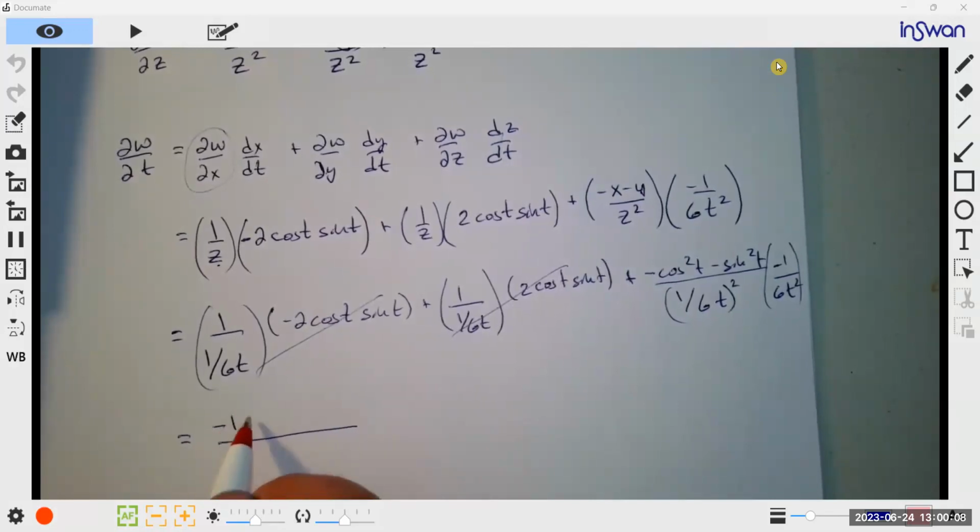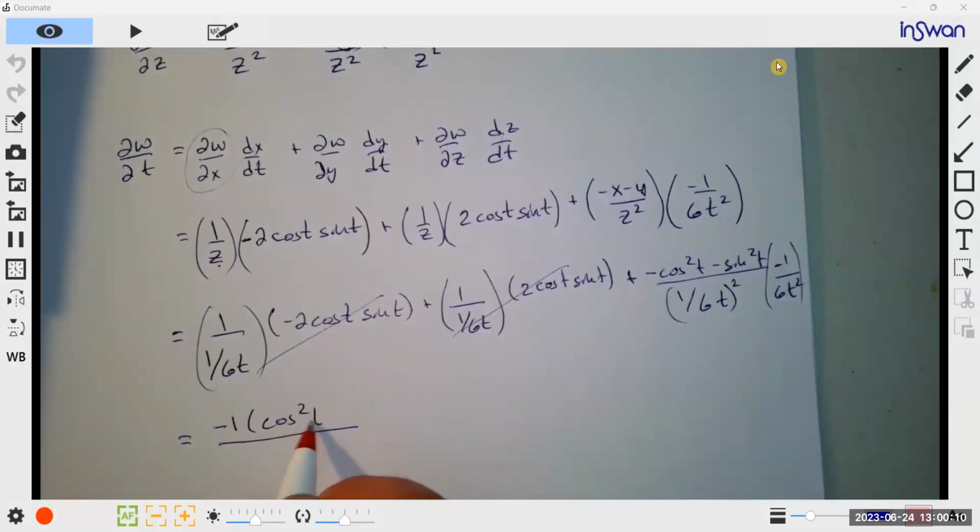We can factor out a negative 1. So we have cosine squared t plus sine squared t on top.